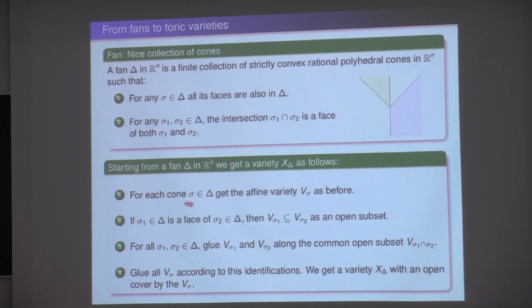For each of those cones, you follow the procedure in the previous slide, and then you get an affine toric variety. One shows a small lemma saying, using some localization, that if you have two cones in the fan, one of them being a face of the other, like here sigma 1 is a face of sigma 2, then the corresponding affine varieties, one sits inside the other one, the smaller one sitting inside the bigger one as an open set.